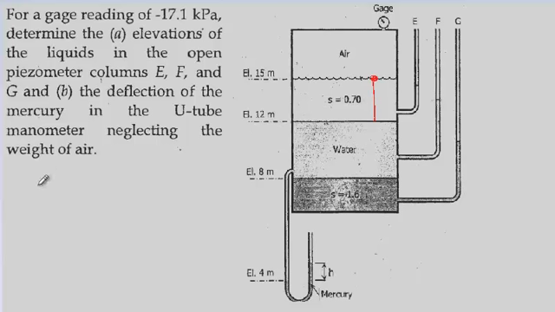The pressure at the air is negative 17.1 kilopascal, so that's negative 17,100 pascal. You go down, so the pressure increases by rho g h, where rho is 700, g is 9.81, and h is 3 meters.